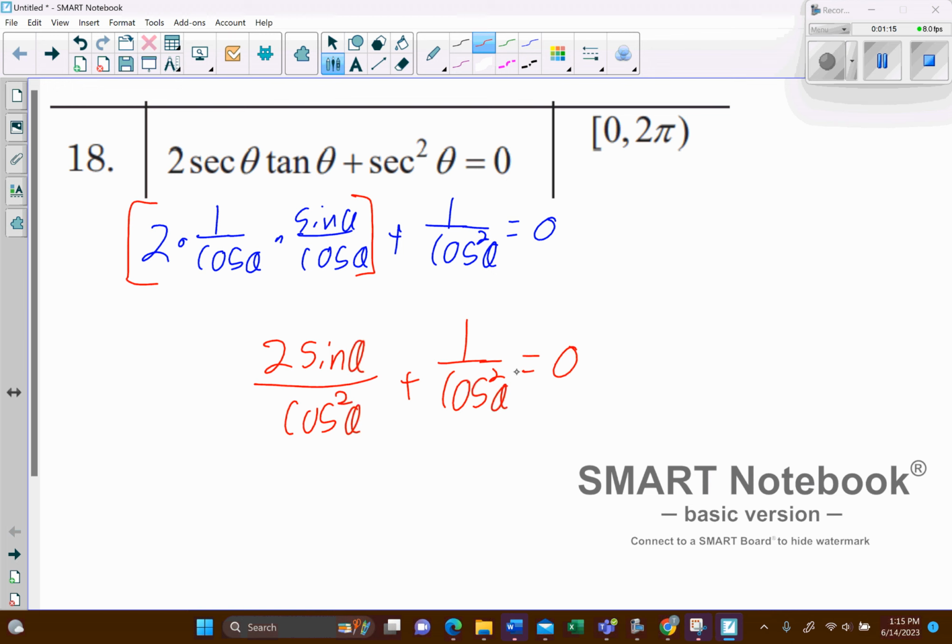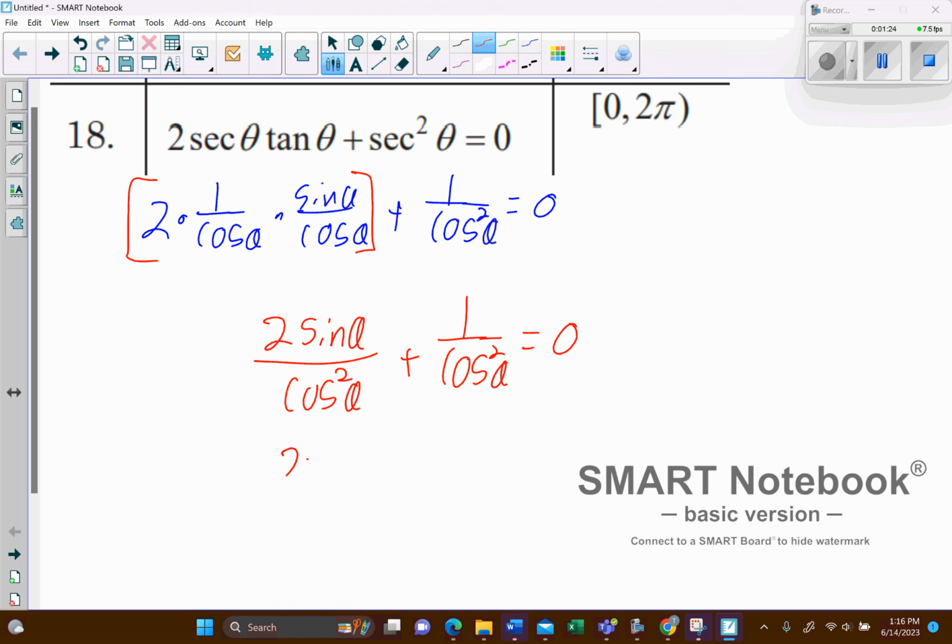Then I'll add those together, and I end up with 2 sine of theta plus 1 all over cosine of theta squared equals 0. This is what they want us to figure out.